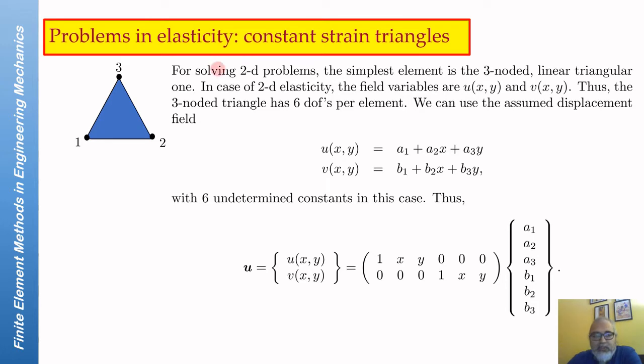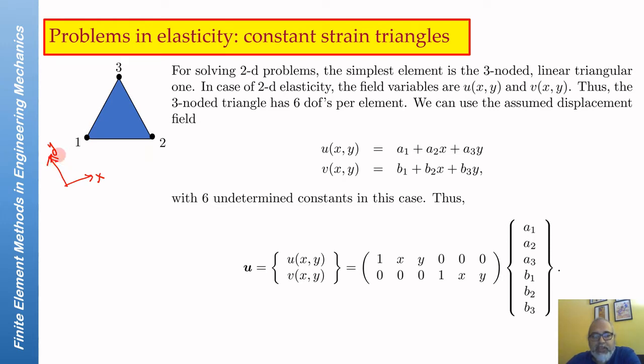Now, imagine that there is one such triangular element. So you have divided your domain into a mesh consisting of only three-noded triangles. 1, 2, 3 are the local node numbers of one such triangle, and there's an x and y axis which is not necessarily aligned with the triangle.